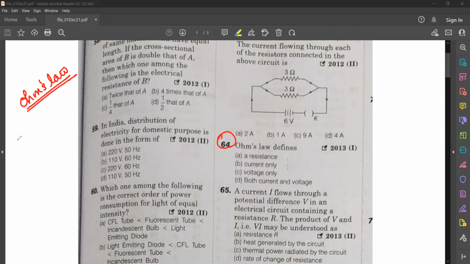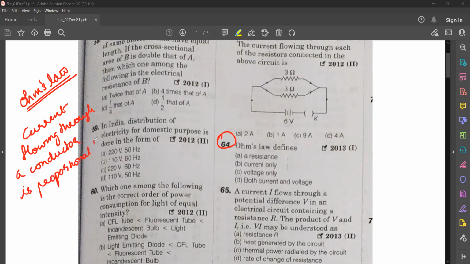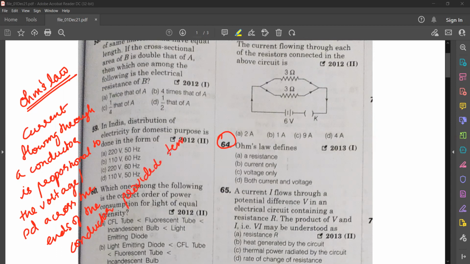What is Ohm's law? The current flowing through a conductor is directly proportional to the voltage or potential difference across the ends of the conductor, provided temperature remains constant.